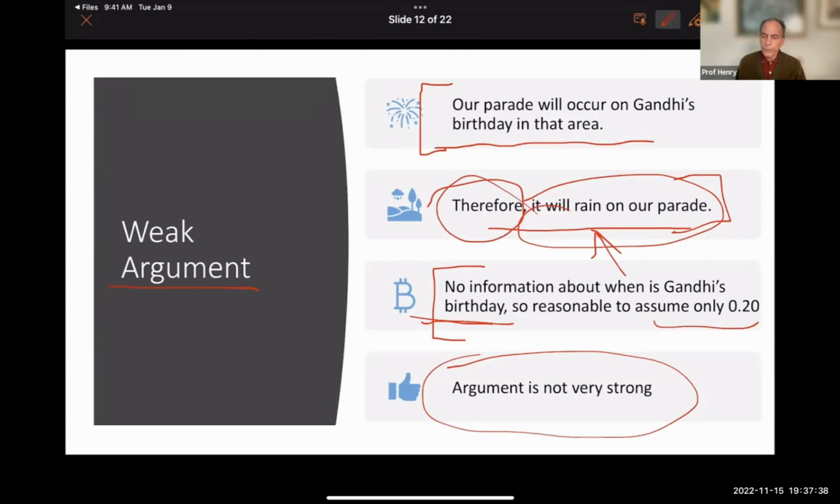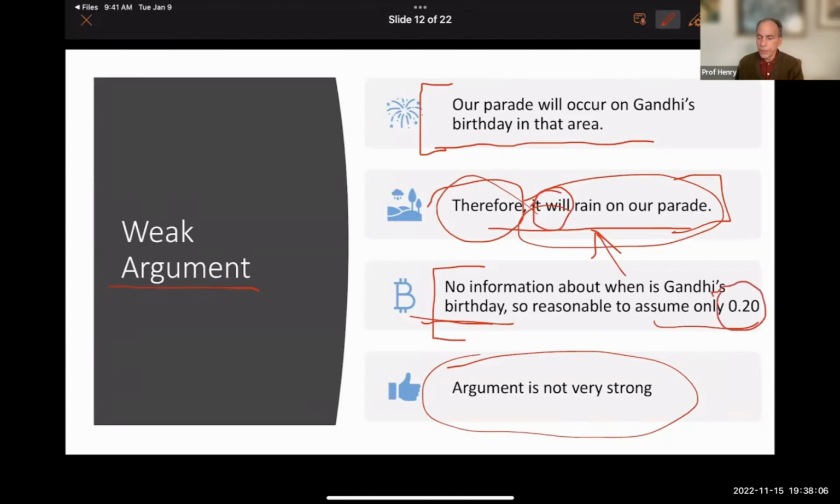But we need information on whether Gandhi's birthday occurs during the monsoon season. And in fact, you looked it up and found that Gandhi's birthday is not in the monsoon season. And hence, the best that we could do, we can't say that it will rain.